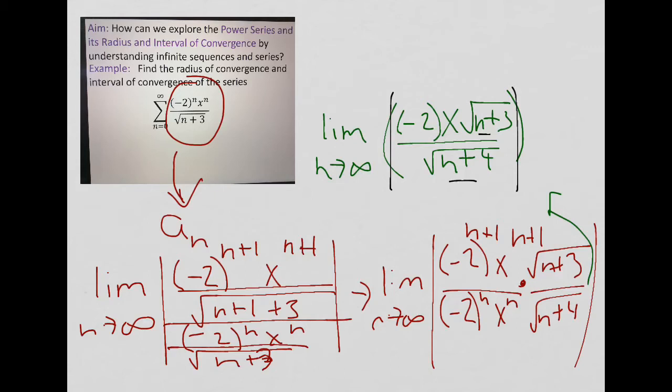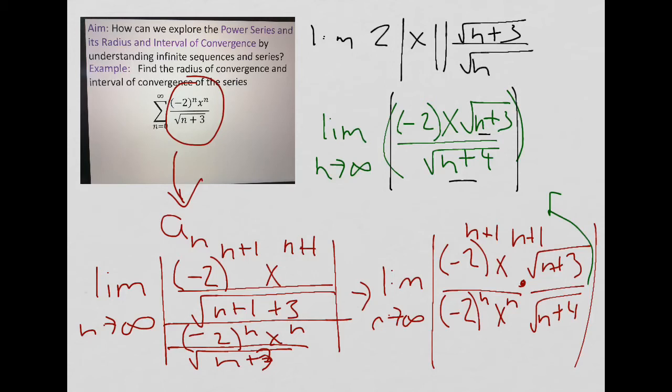If you look at this, we do have that negative 2 in there, so we can say the limit of 2 times the rest of this expression. Let's think of our properties for limits.